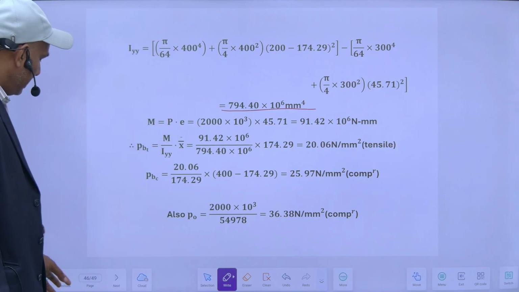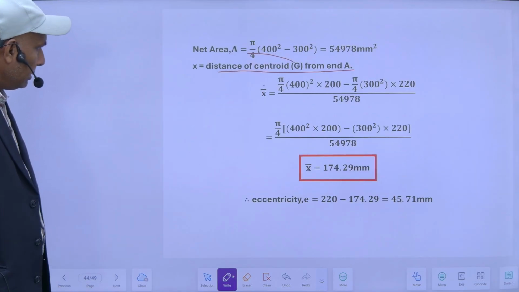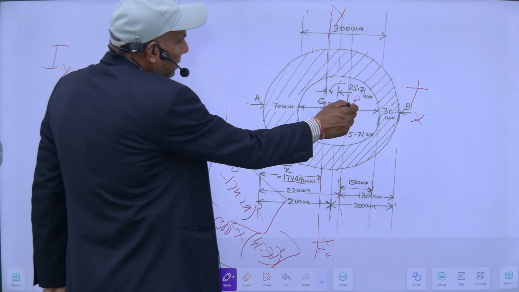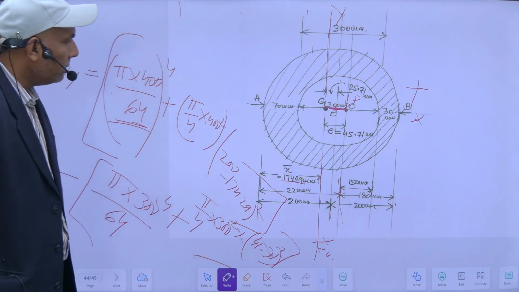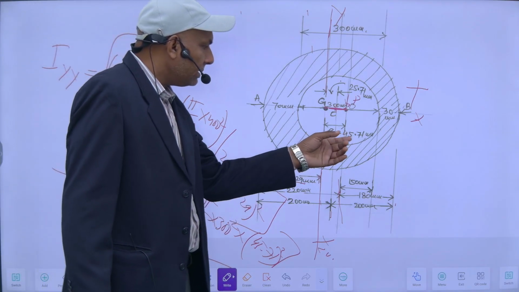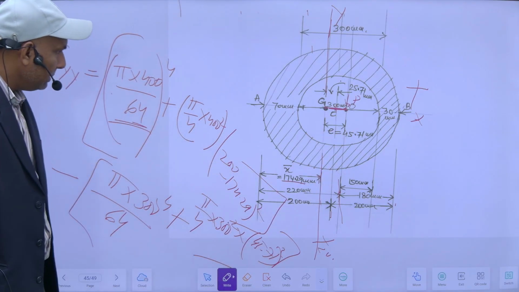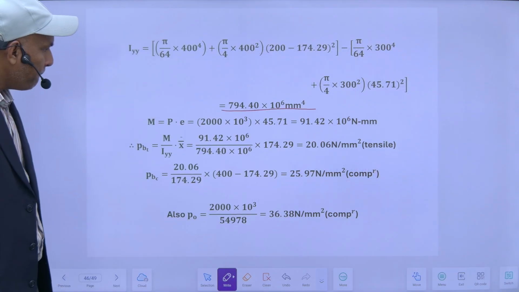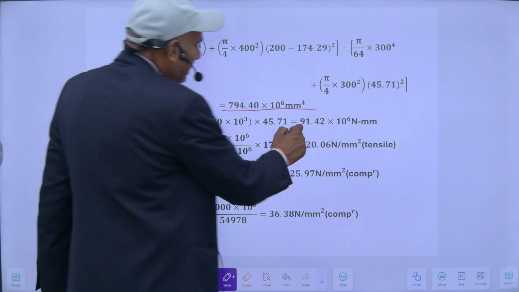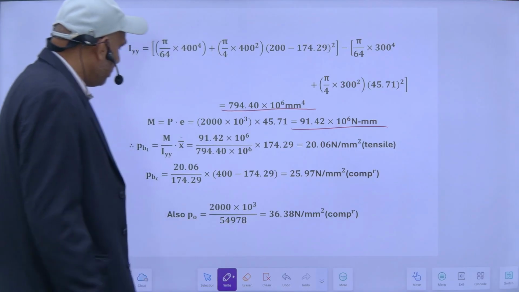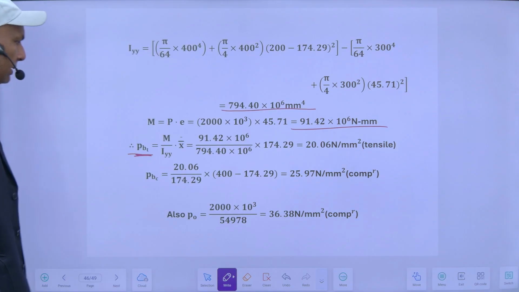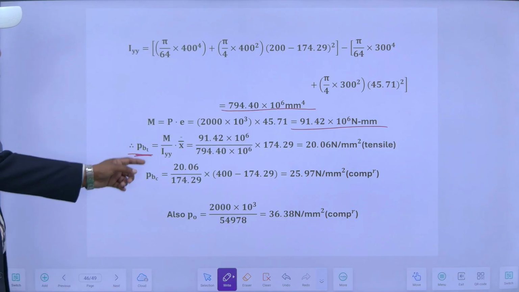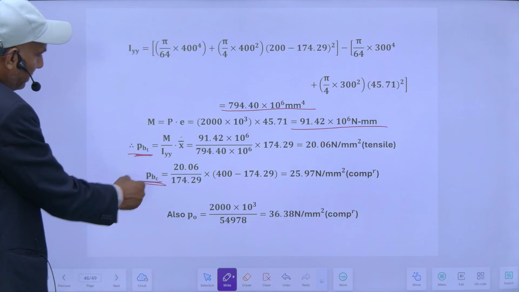The moment is obviously this load into this eccentricity. So 2000 kilonewton into this E, I will get this M. This is my moment in Newton mm. So my bending stresses will be, this will be my bending tensile, this will be compressive.